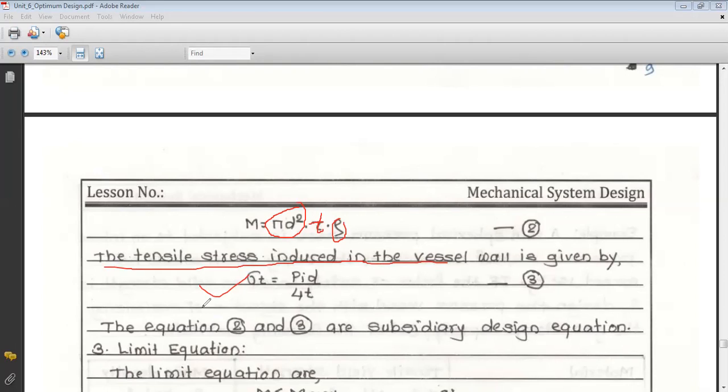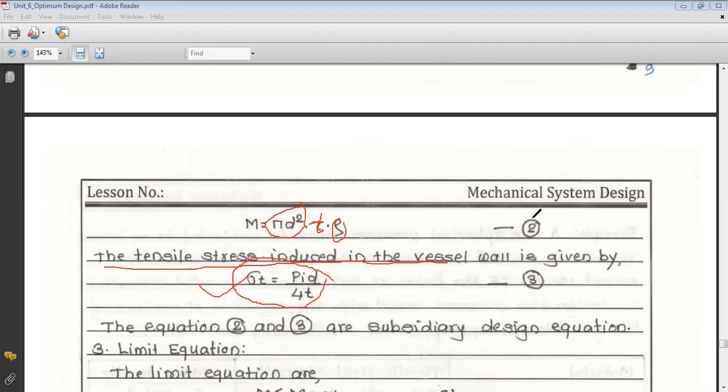So the design for a spherical vessel is based on the maximum stress, and since both are the same, it is given by pi d upon 4t. So this is the stress equation in the case of a spherical vessel, that is pi into d upon 4t.